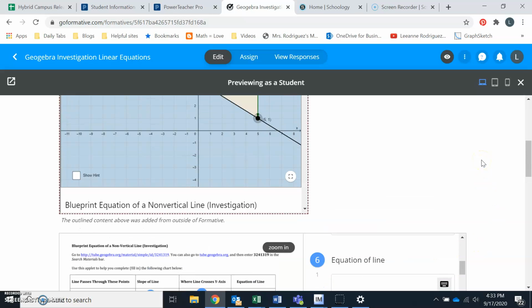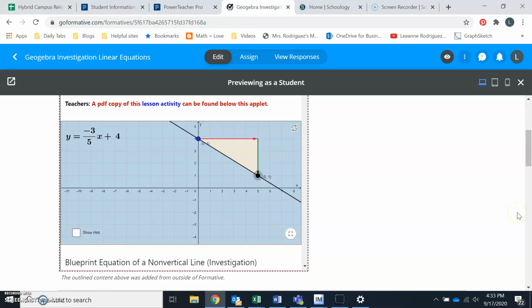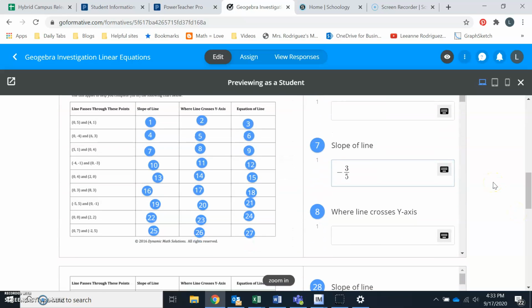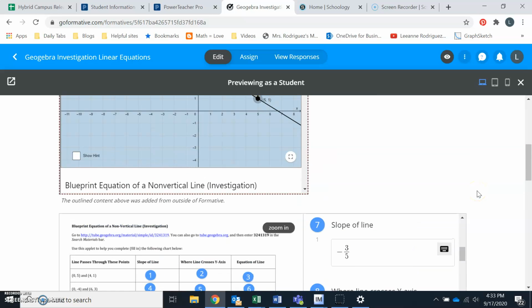And then our point where it crosses the y-axis is right here, 0, 4, parenthesis, 0, comma, 4, close parenthesis. And finally, the equation of the line.